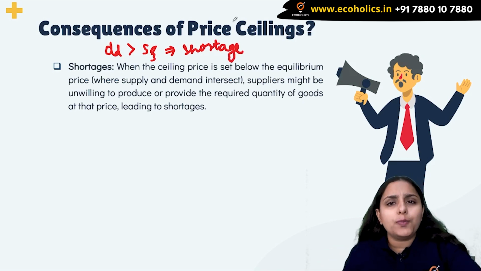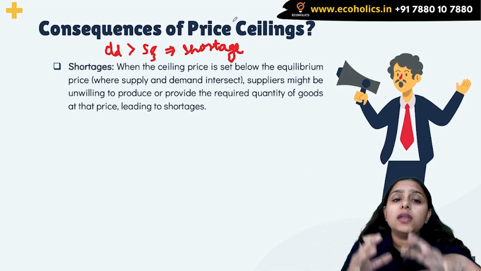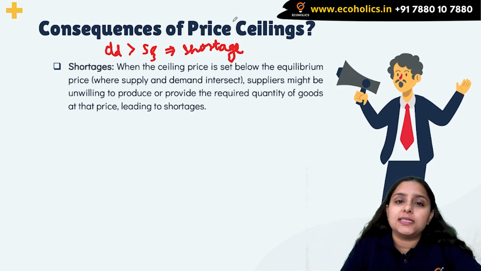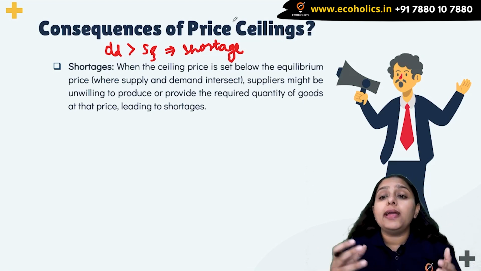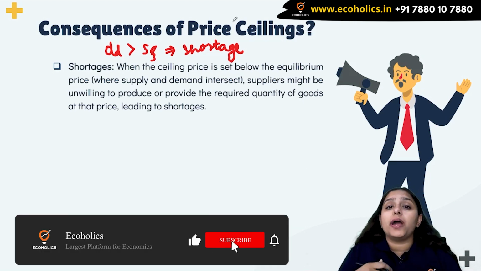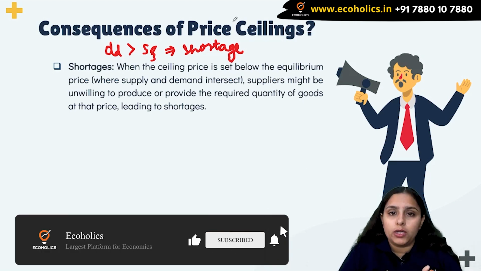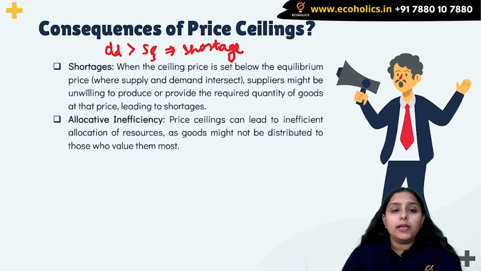If you are reducing prices, the demand will go up and supply will come down. So there is going to be a shortage of the necessity good in the market. So by imposing price ceiling, earlier at least everyone was getting the product, but now people won't be getting the product also. And even due to the lower prices, the suppliers might want to reduce the quantity. They do not produce up to their level, right?